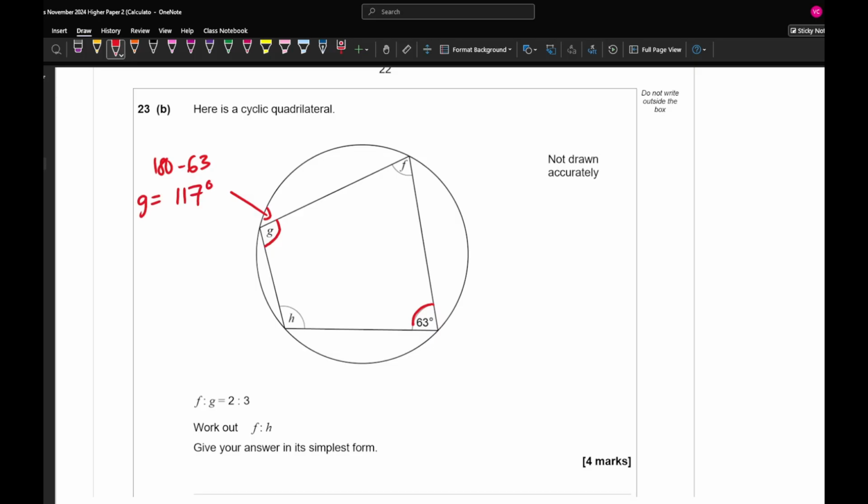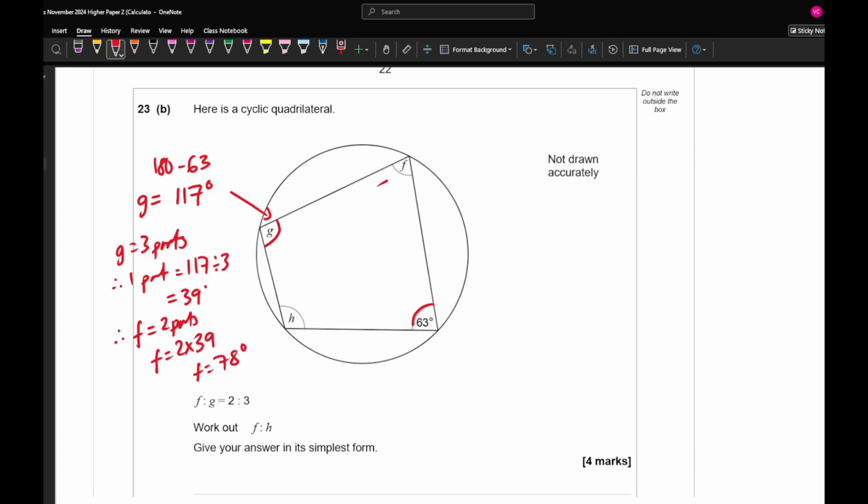Now, if g equals 3 parts, then one part is going to equal 117 divided by 3, and that gives me an answer of 39 degrees. So therefore, if f equals 2 parts, then f is going to be 2 times 39, which gives me 78 degrees.